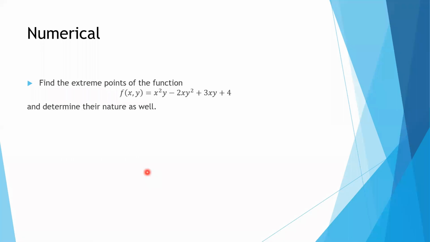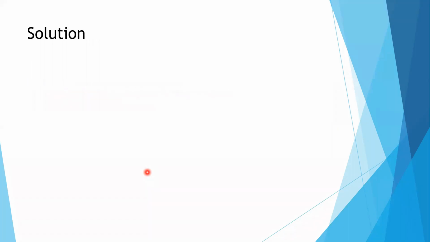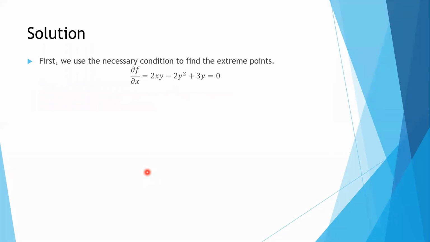Moving forward, we'll start with the solution. The first thing we do is use the necessary condition to find the extreme points. So you find the first differential, ∂f/∂x, which comes out as 2xy - 2y^2 + 3y = 0.